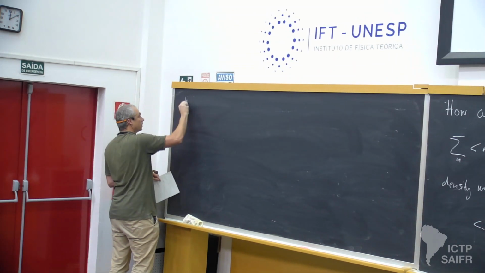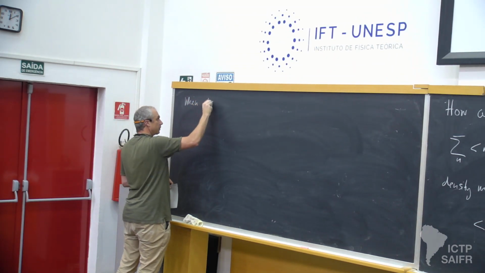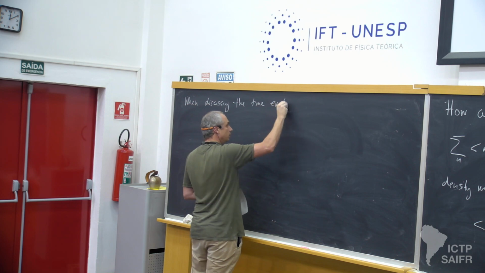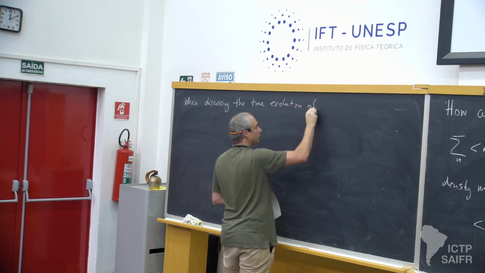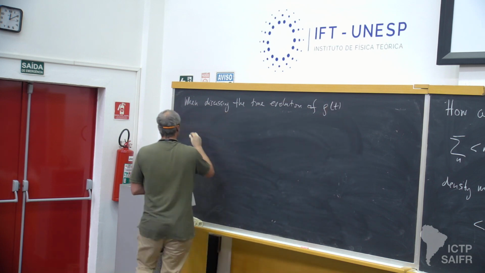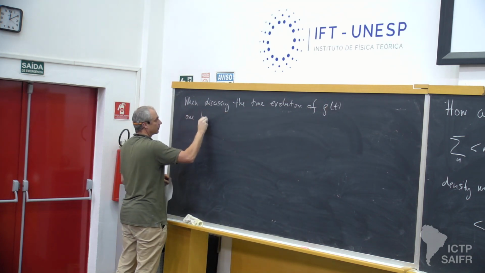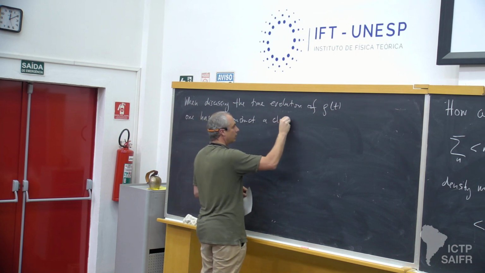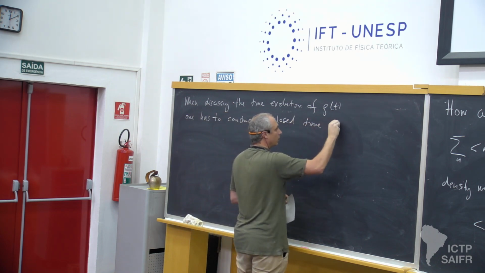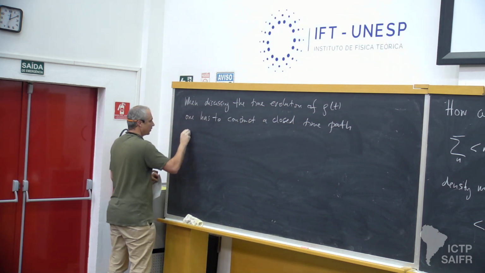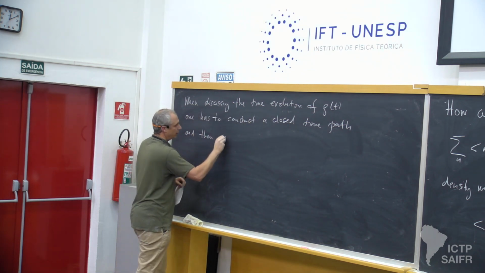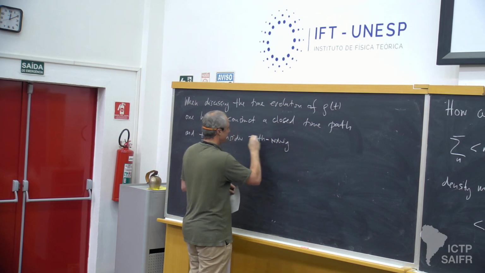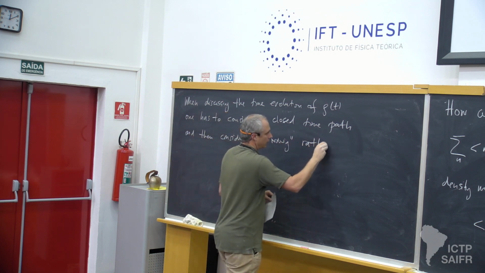So when discussing the time evolution of rho, one has to construct a closed time path, and then consider path ordering rather than time ordering.